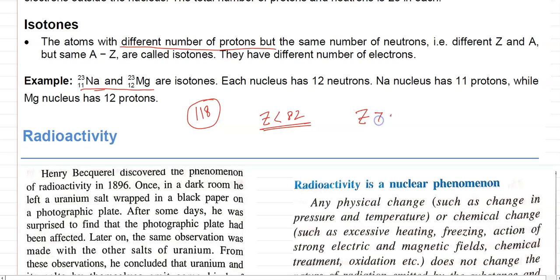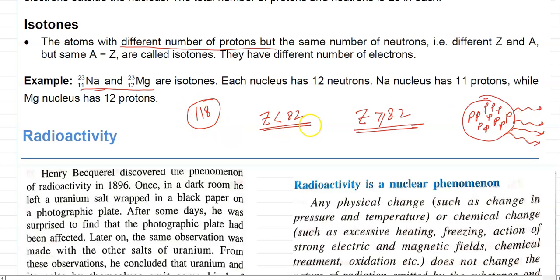But for atoms having Z greater than 82, we know that in the nucleus a large number of protons is compressed, so they have a repulsion force. The repulsion force dominates the nuclear attraction force. That's why they are not stable.